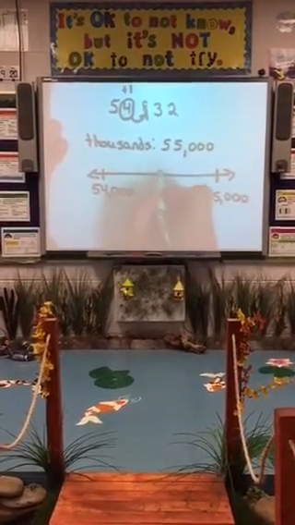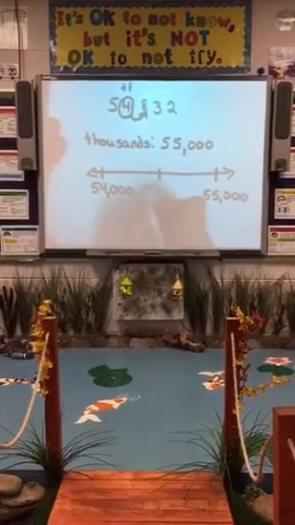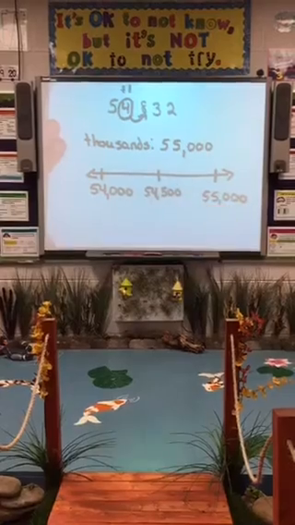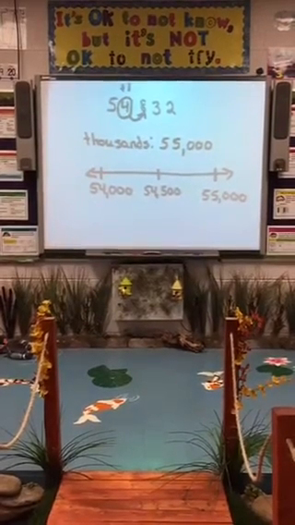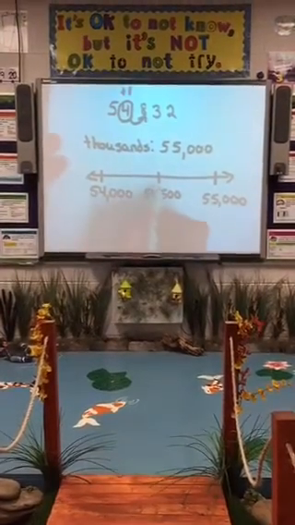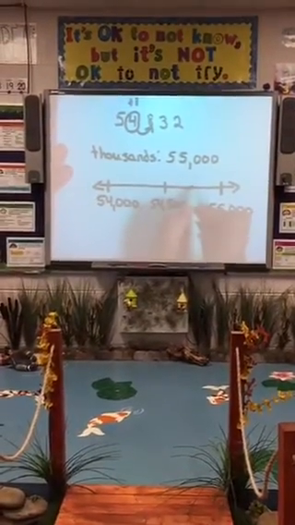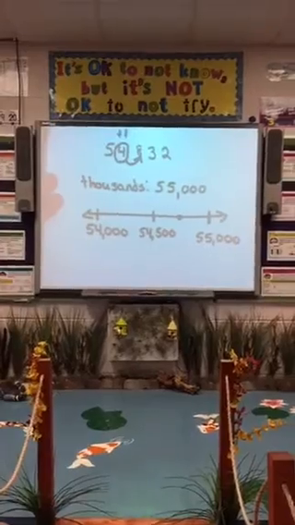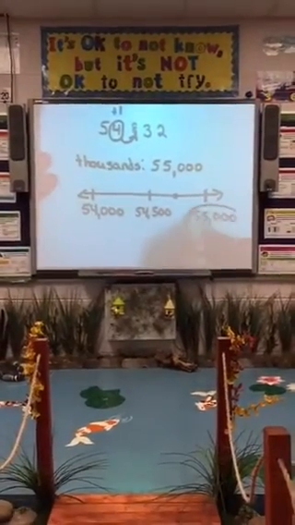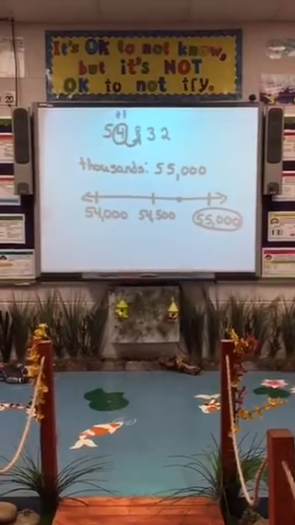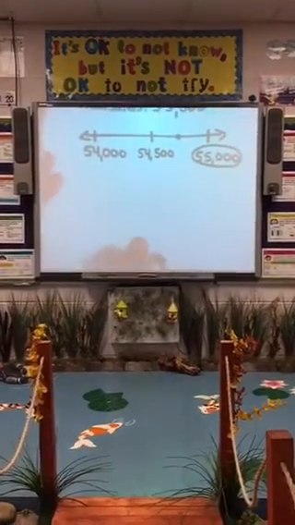And the number halfway in the middle is 54,500. Okay? Well, we can see that 54,832 is going to come after the halfway part, so it's closer to 55,000.